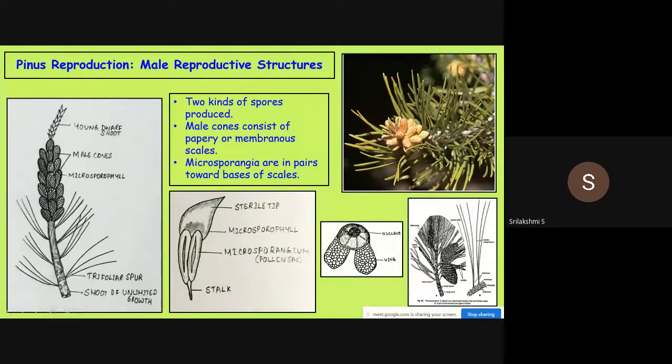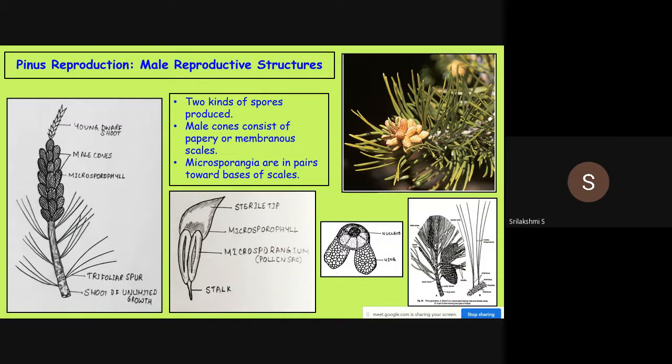But some scientists said the exine is the outer cutinized thick layer, and the intine is a smooth layer inside. In between, there is a third layer, or you can say a middle layer, which extends to form the wings. So the wings do not arise from the exine or the intine, but from another layer in between the two, which is called exointine, which extends to form the wings.